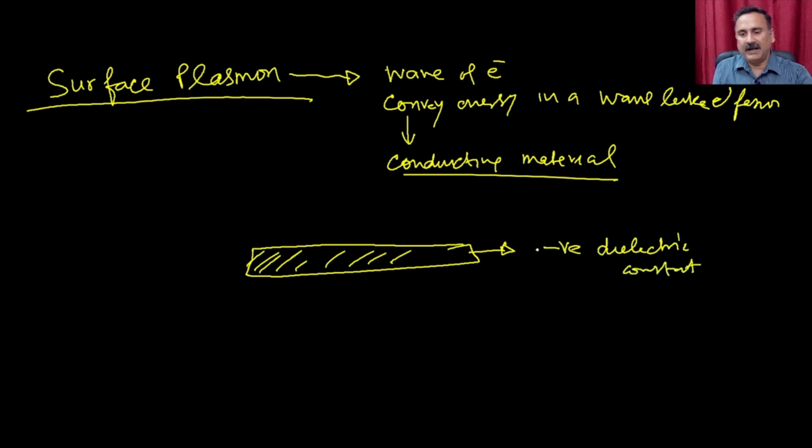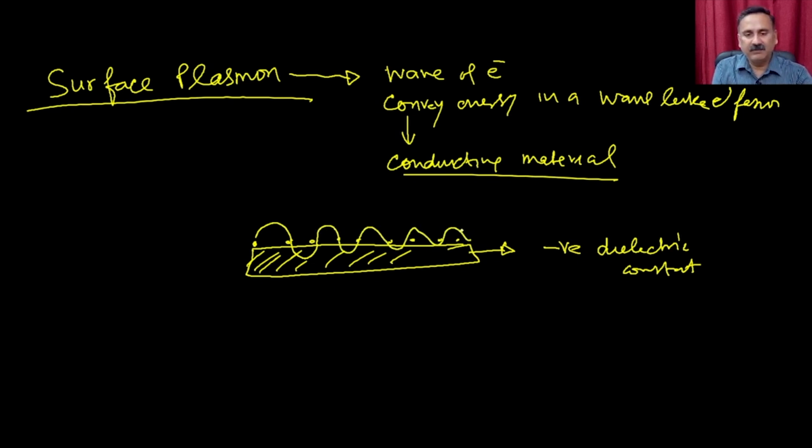And because of that, the top surface of the gold is going to have electrons, and these electrons are going to pass the energy from one electron to another electron, to a third electron, and that's how it is going to form a wave-like pattern.